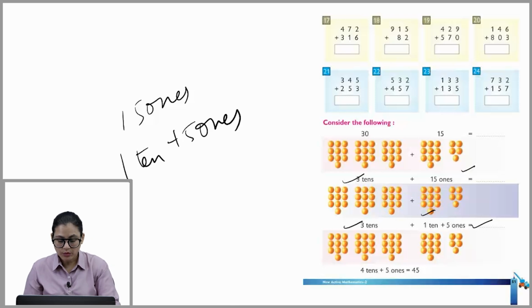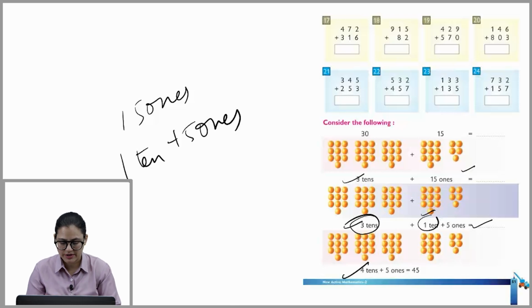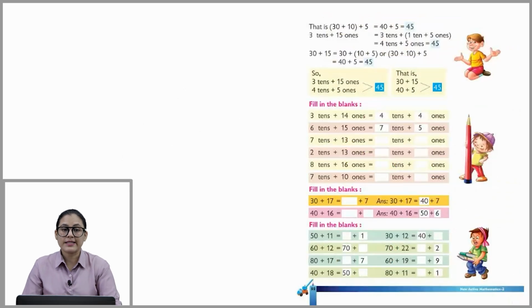Now 3 tens and 1 ten, we'll add these two numbers. So we'll get 4 tens plus 5 ones, that is 45. That is 30 plus 10 plus 5 is equal to 40 plus 5 is equal to 45, right?